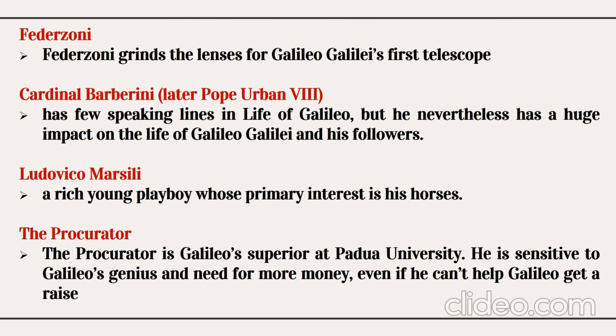Then Ludovico Marsili, a rich young playboy whose primary interest is his horses. Then we have the Procurator, Galileo's superior at Padua University. He's sensitive to Galileo's genius and need for more money, even if he can't help Galileo get a raise.